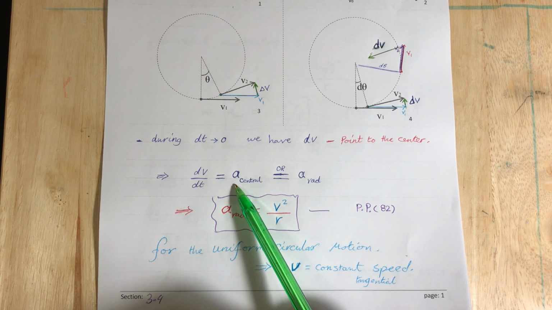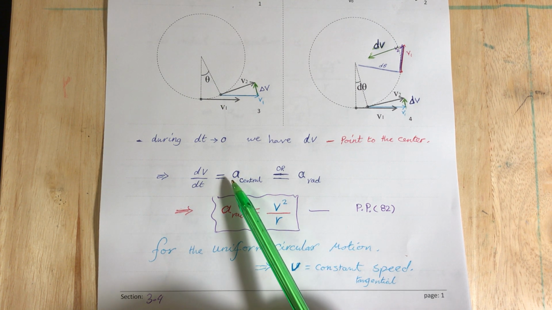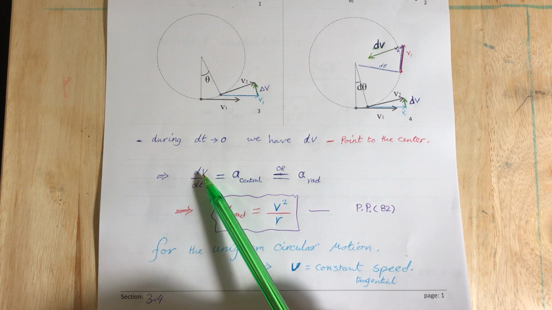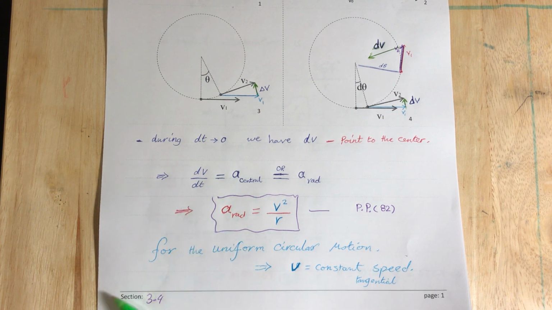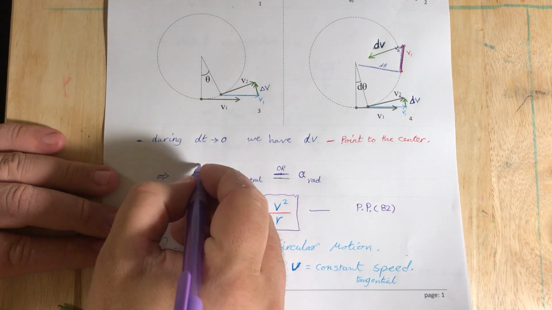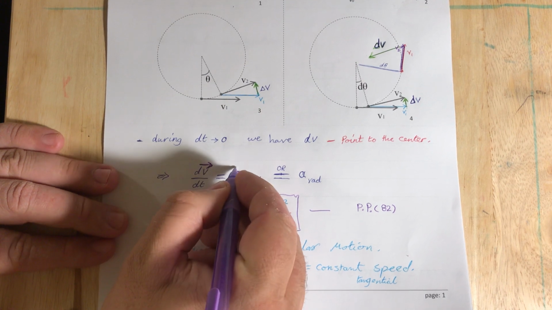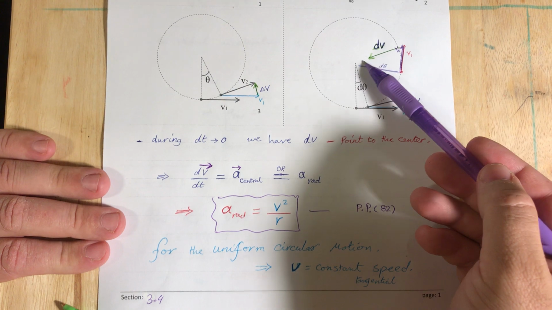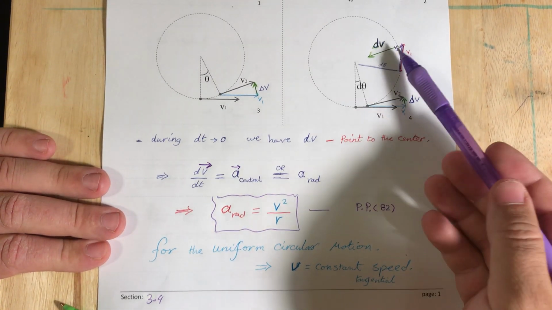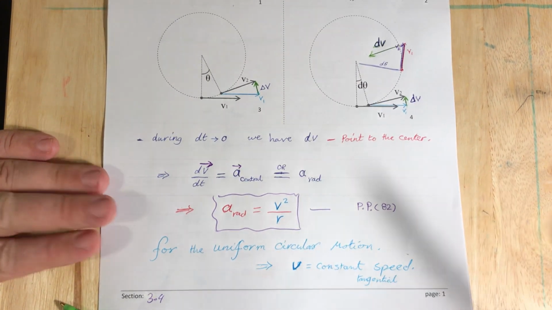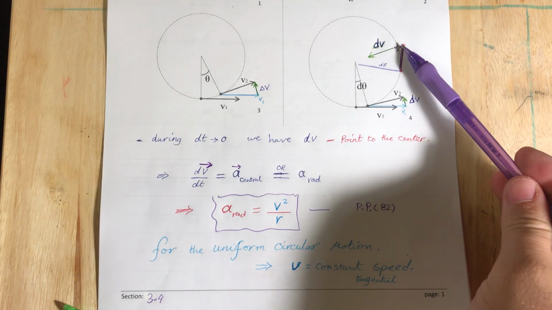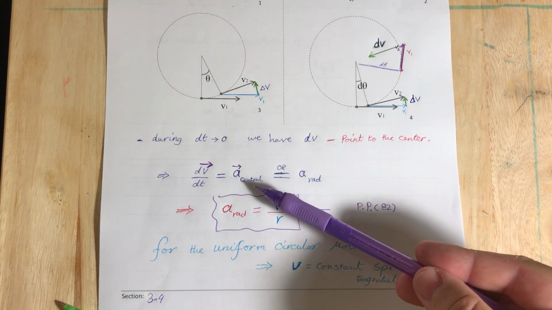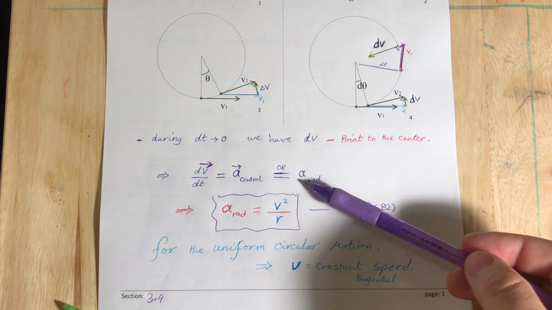The acceleration is a vector in the same direction as dv. Since dv points to the center of rotation, the acceleration also points to the center of rotation. This acceleration toward the center of rotation is called centripetal or radial acceleration.